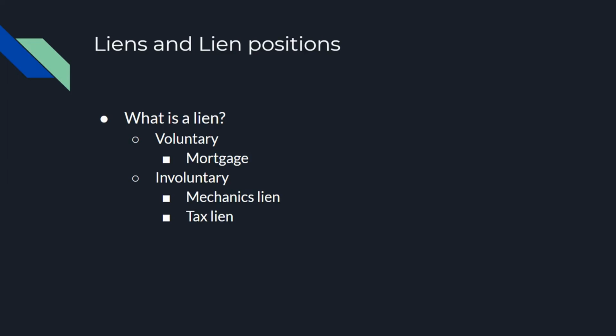In order for you to do anything with that property, you're going to have to pay their money. Same as a mechanic's lien. As for a mortgage lien, if you don't pay your mortgage, they can have your home. So when we purchase these properties, or when we're processing these loans and we're reviewing title, is where we would review any liens that are placed on a property.